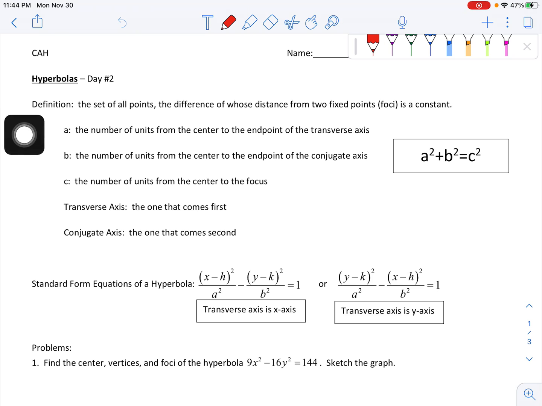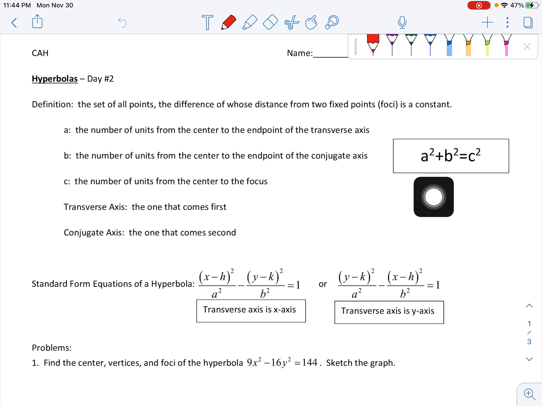A is always with the first, or the positive, fraction of your equation. B is the number of units from the center to the endpoint of the conjugate axis. Remember, the conjugate axis is the one that's perpendicular to the transverse. Those two axes together create that rectangular box that gives us our asymptotes that the two branches of the hyperbola approach.